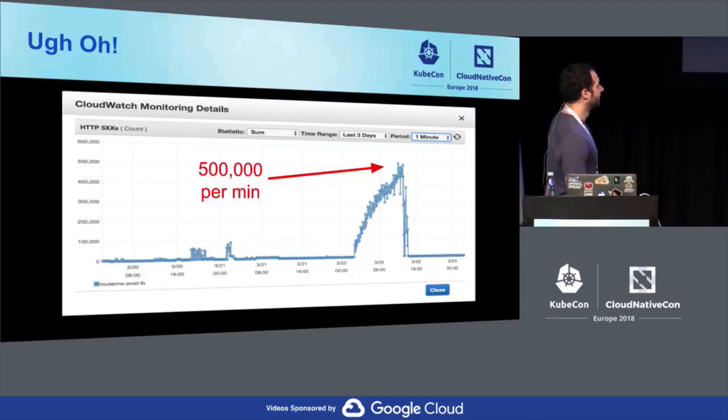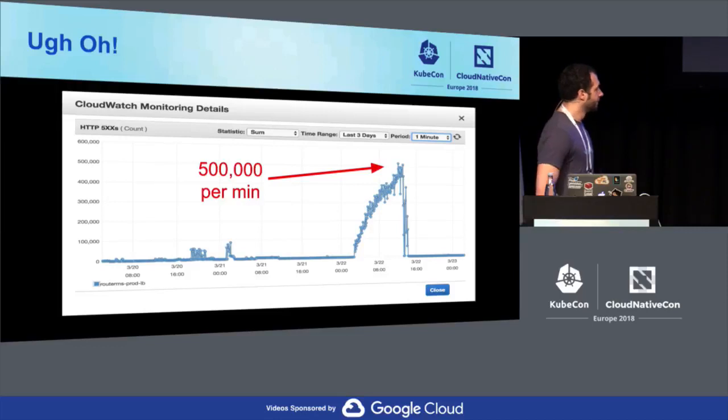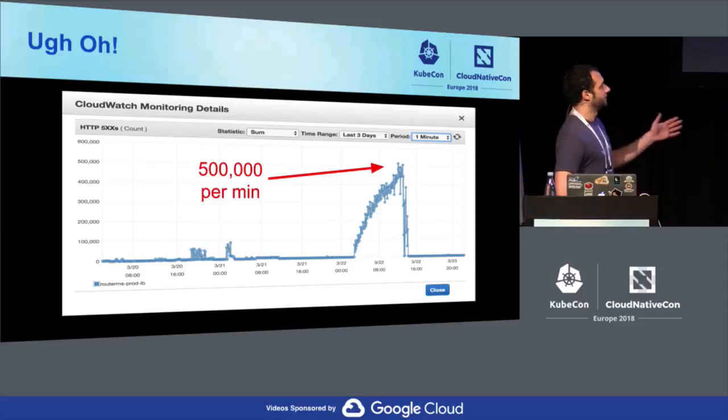So this is an uh-oh moment that we had a couple weeks ago. And when we have uh-oh moments, they're usually big. So we had an issue, and we peaked at 500,500 errors per second, or per minute. And so this was bad.